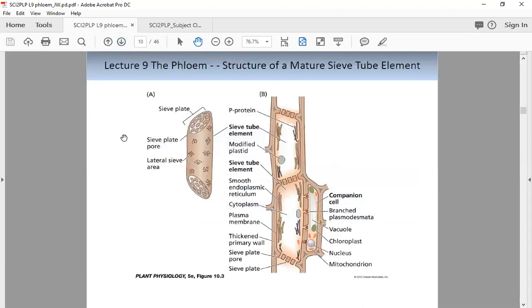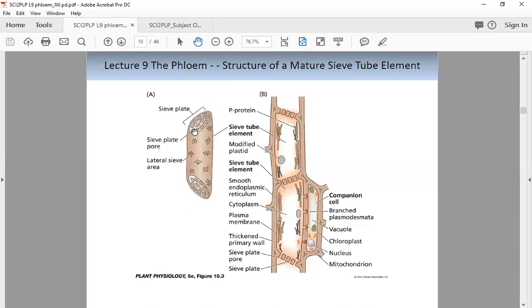All right, here we have a nice illustration of a mature sieve element. On the left, just one sieve element illustrated here. The main components that we can see are the end walls of this one cell, and they're called sieve plates.